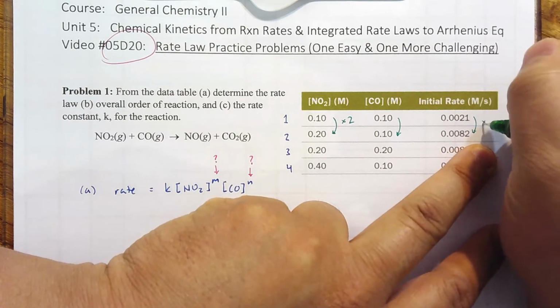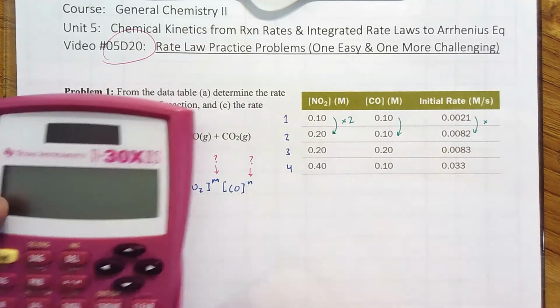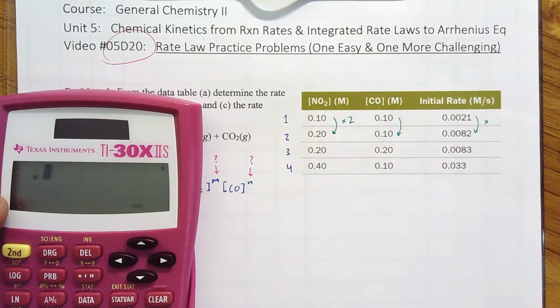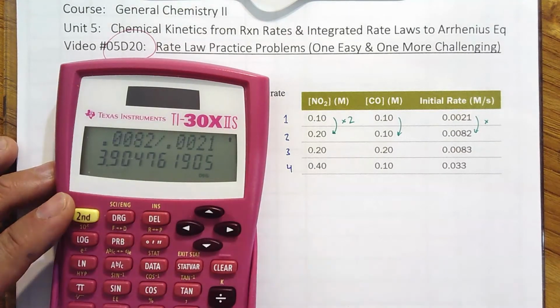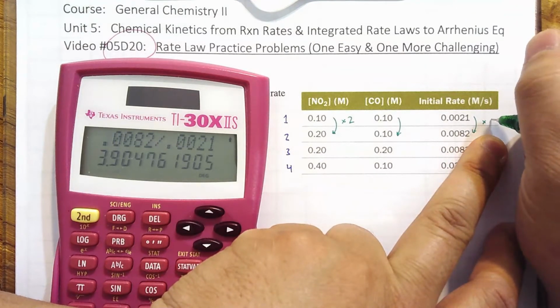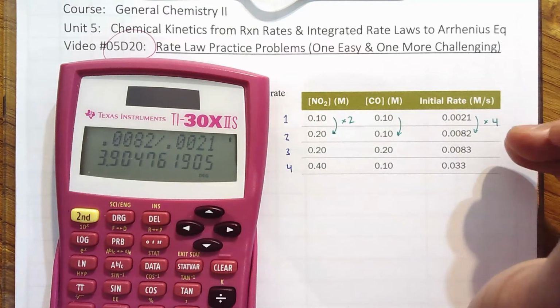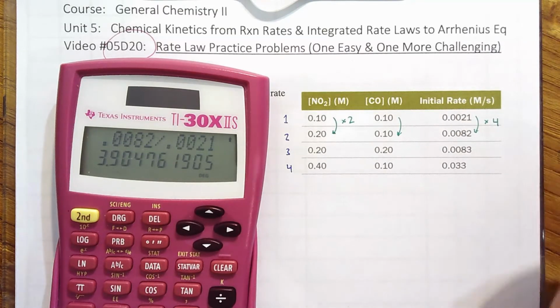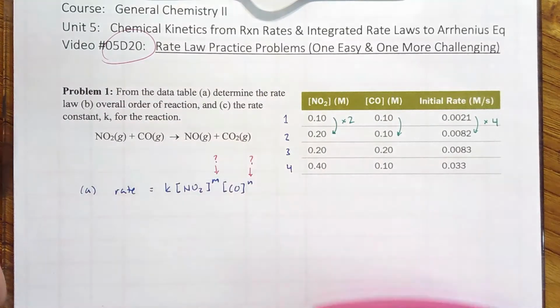The way you want to do the math is you take the bigger number, 0.0082 divided by 0.0021, and it went up by around 4. Again, we're doing this the quick and dirty way. We'll see if it's close to an integer, then we'll keep the order as an integer, like 0, 1, or 2, or it may be a decimal. We don't know for sure just yet.